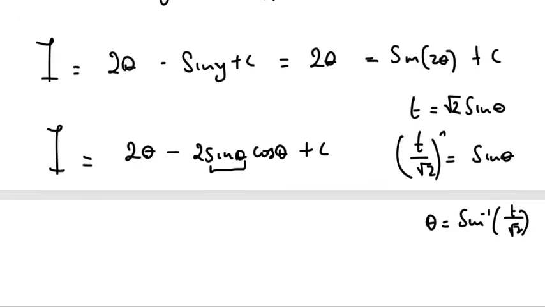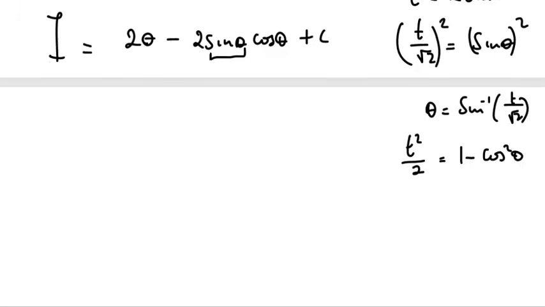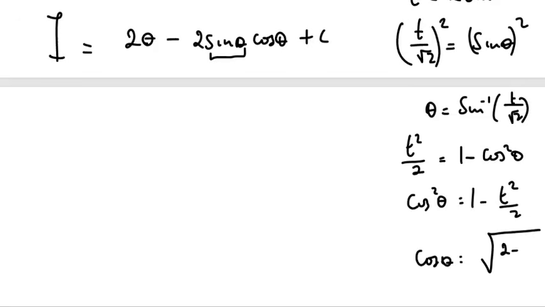But from here we can go ahead and square both sides to solve for cosine of theta, right? That gives t squared over 2 is equal to sine squared of theta, which is 1 minus cosine squared of theta. From here we see that cosine squared of theta is equal to 1 minus t squared by 2, and simplifying properly, cosine of theta will be the square root of 2 minus t squared all over 2.